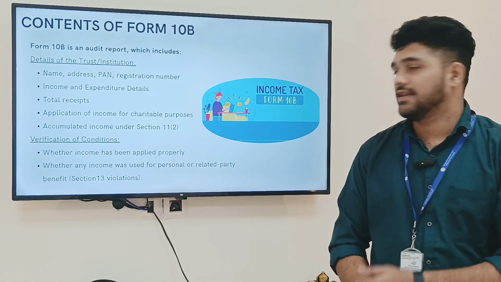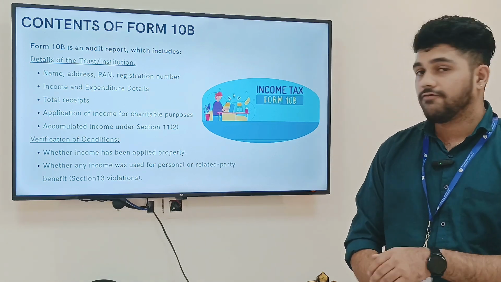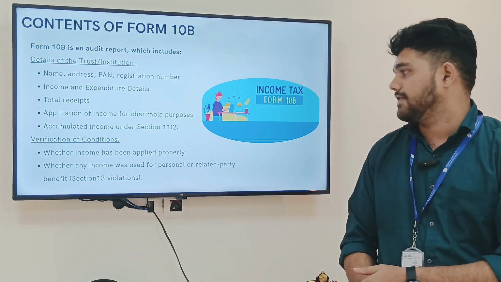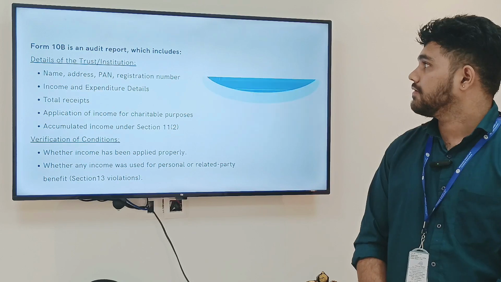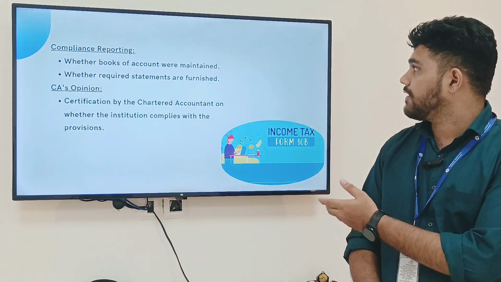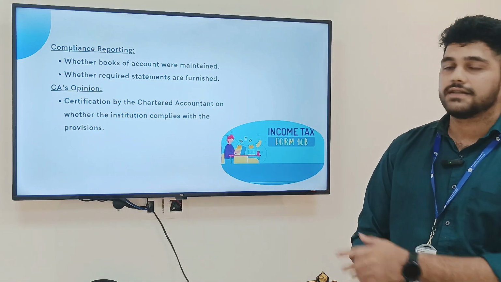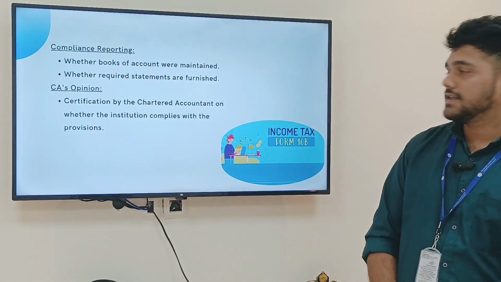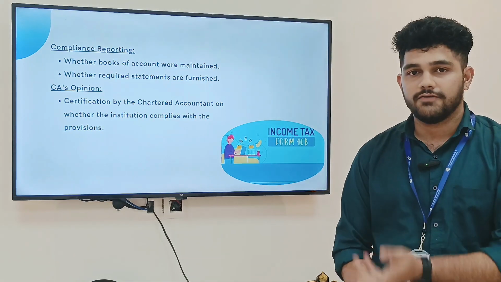Then verification of conditions: whether income has been applied properly, whether any income was used for personal or related party benefit, that is section 13 violation. Then compliance reporting: whether books of accounts were maintained, whether required statements are furnished. Lastly, the CA's opinion, certification by the chartered accountant on whether the institution complies with the provisions.